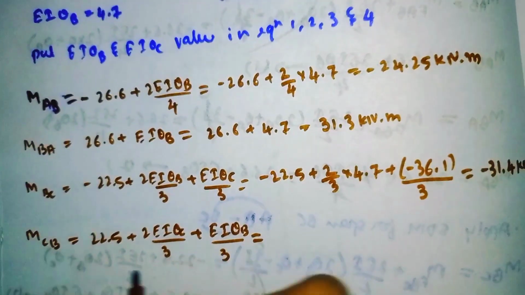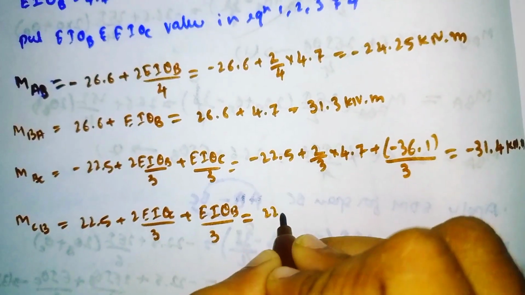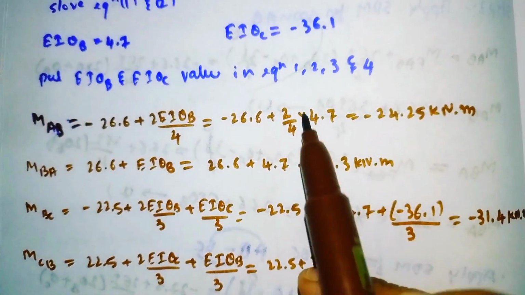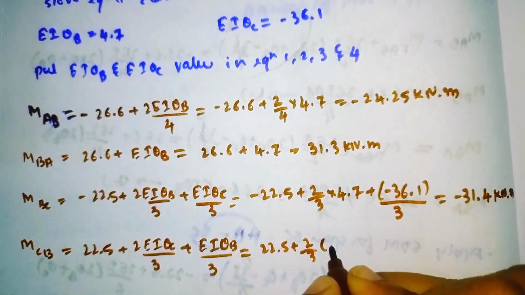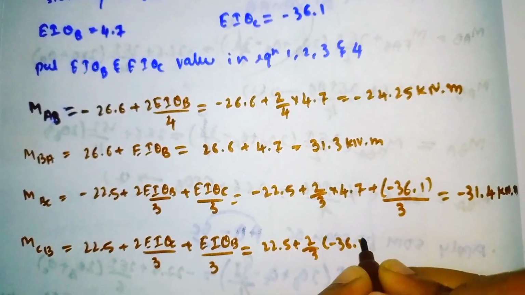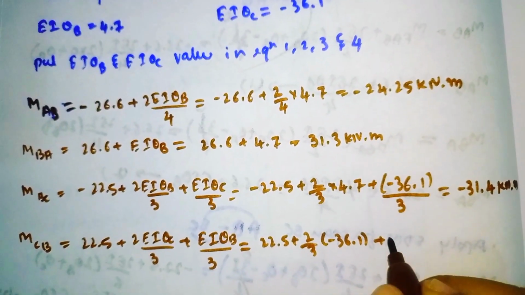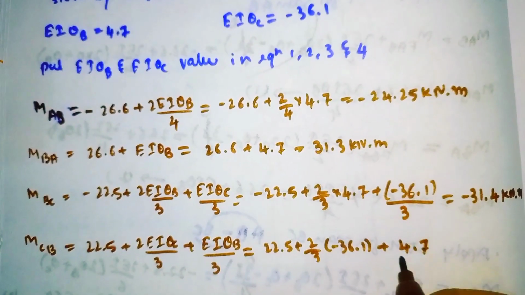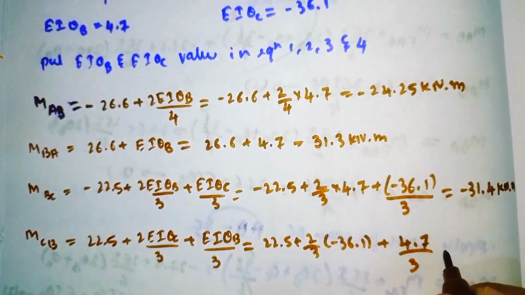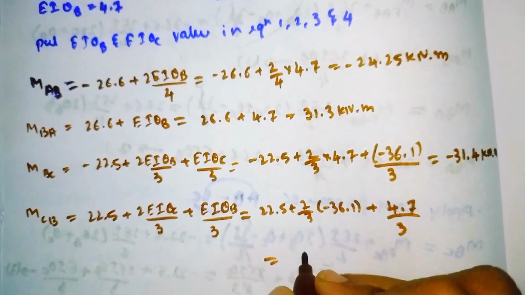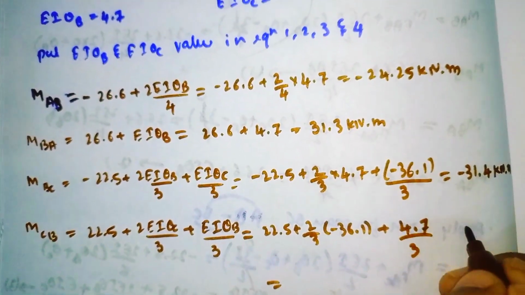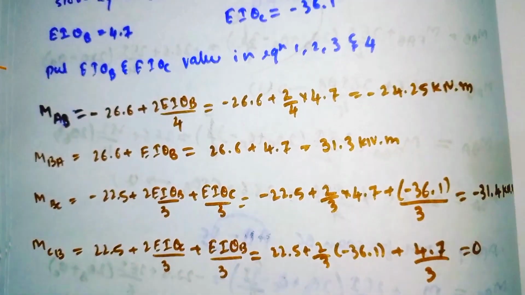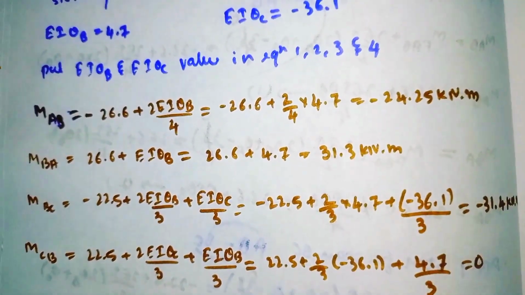So similarly for MCB, 22.5 plus 2/3 of EI theta C is minus 36.1 plus EI theta B is 4.7 divided by 3. By simplifying, it will come out as 0. So these are our final moments. Our step 4 completed here.